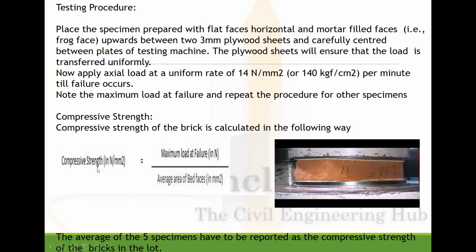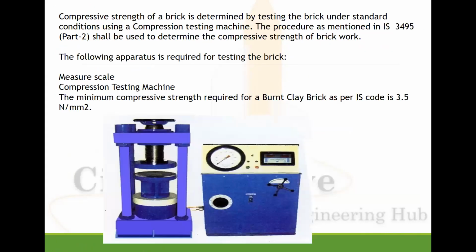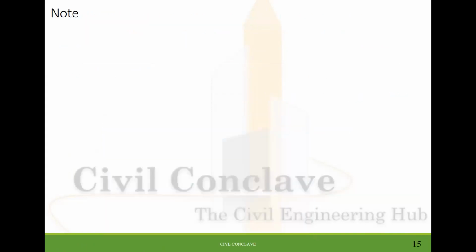The compressive strength will be the load applied on top divided by the surface area of the brick. This will give you the compressive strength. You have to check at least 5 bricks for the calculation. This is a CTM machine. In this machine, accordingly, you have to apply the load.